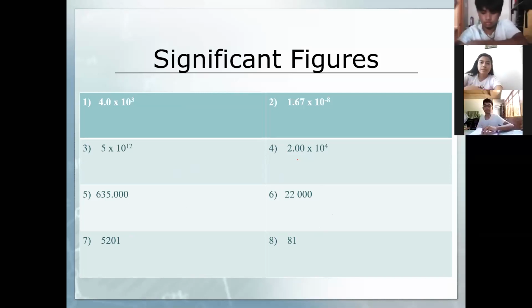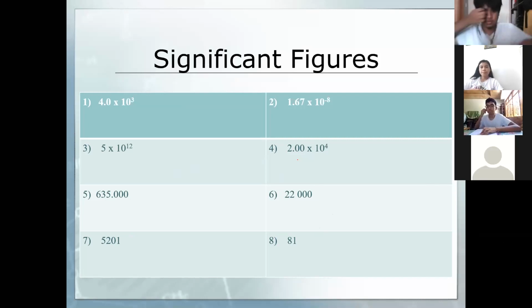We have Jaika, Jana, Maika. How many significant digits are there in number 5? The answer is 6, Jana. It has to have 6 significant digits. Why 6, class?